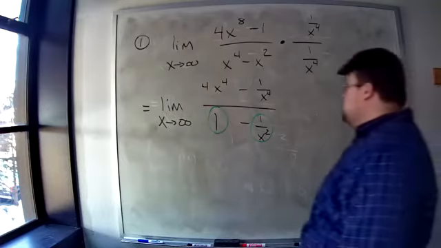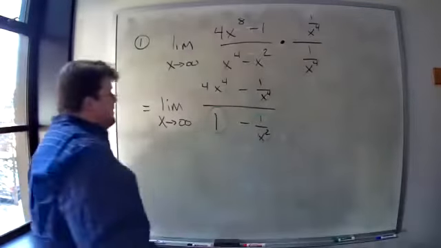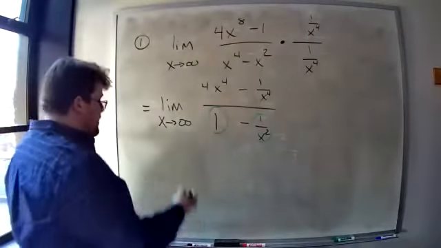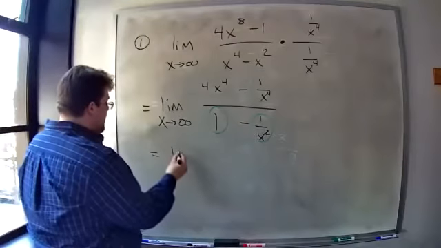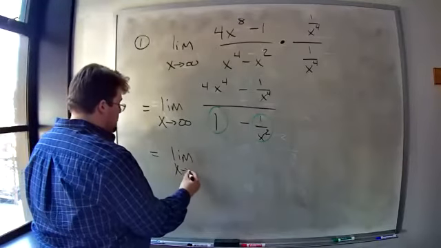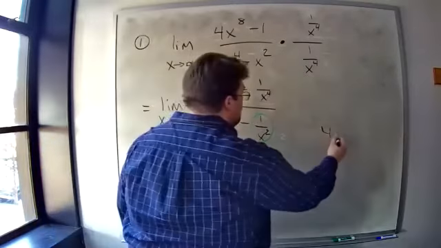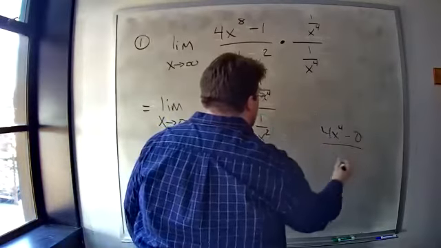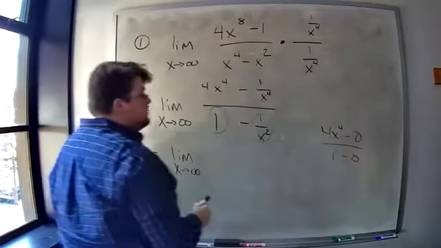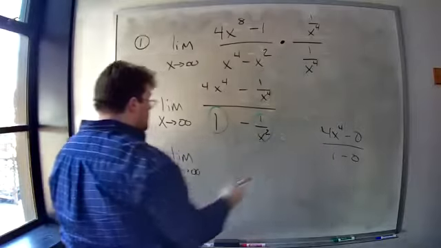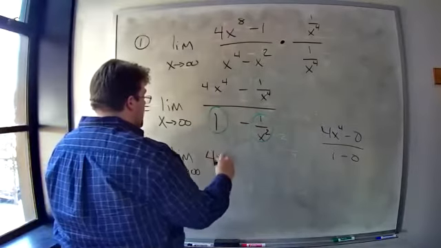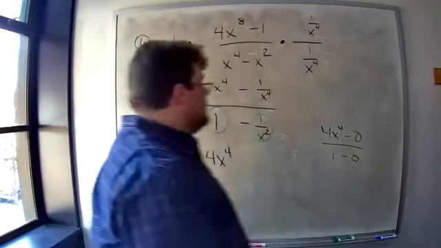It doesn't change. I'm going to make that observation, which allows this to simplify to this: 4x to the 4th minus 0 over 1 minus 0. So 4x to the 4th over 1, which is just 4x to the 4th.